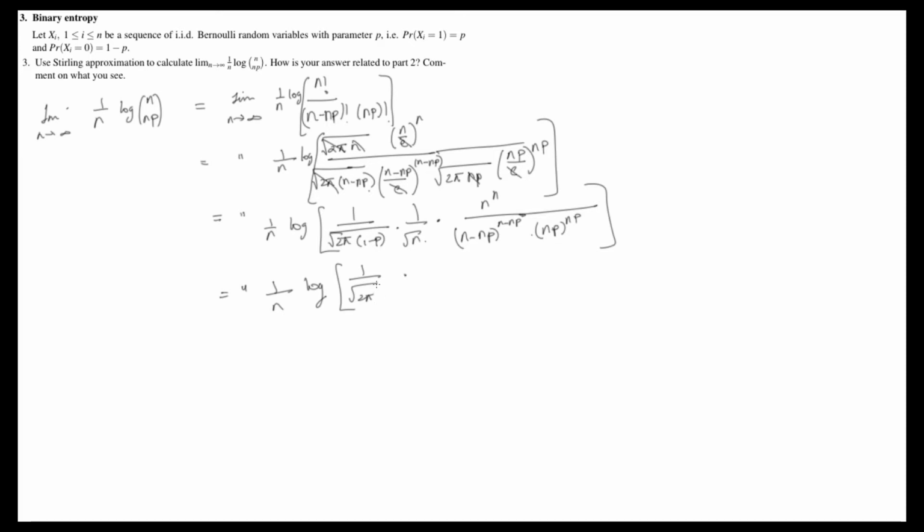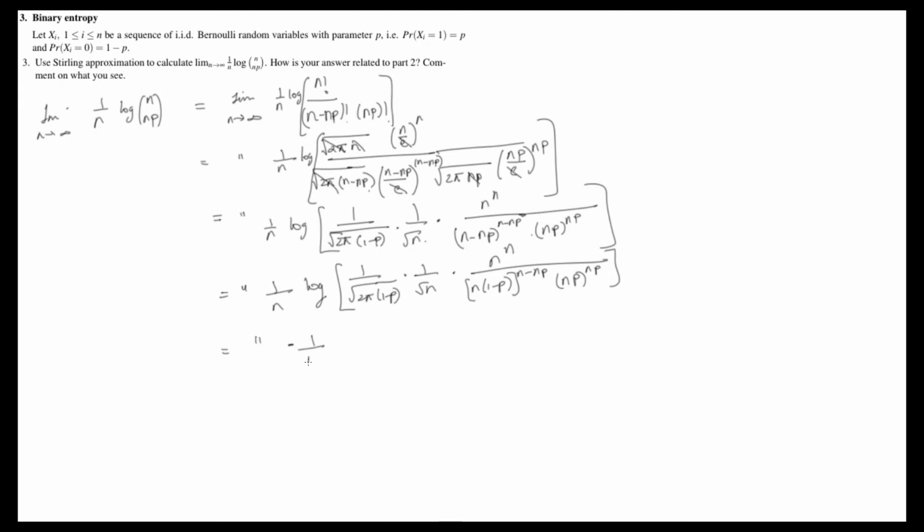1 over root 2 pi 1 minus p. That looks ugly. Root 2 pi 1 minus p times 1 over root n times n to the n. Now let's pull the n out of this. So we have n times 1 minus p whole to the n minus np times n times p to the np. Alright, so we're almost there. Same thing.